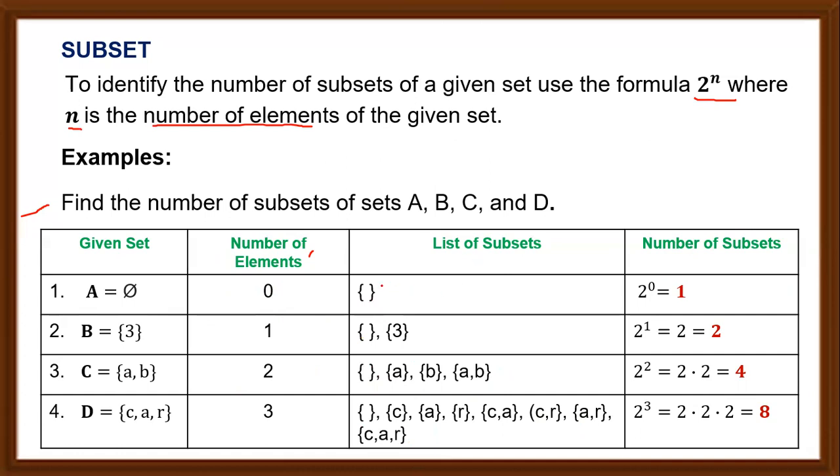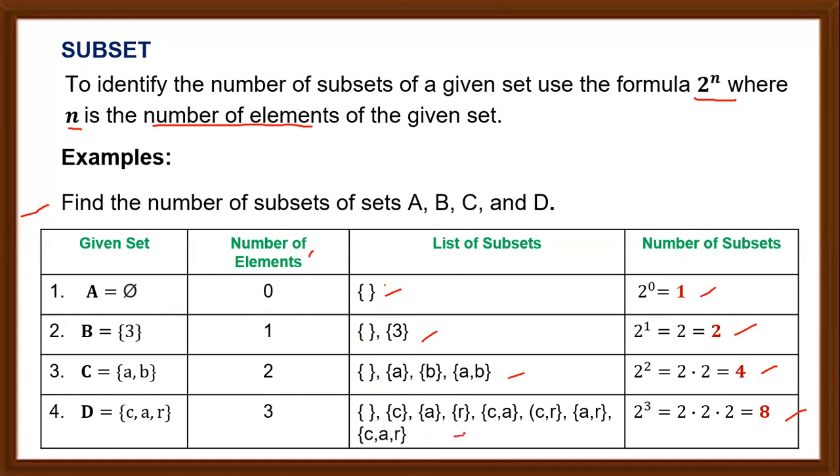Ibig sabihin kung ilan yung nakalista dito, kapag sinulat natin yung numerical number niya, or that is value, parehas. Since ito ay 1, kailangan isa lang din ang nakalista. Since ito ay 2, kailangan 2 yung nakalista. Di ba? Parehas lang. Ito ay 4 ang number, ibig sabihin 4 po yung nakalista natin. Ito ay 8, meaning to say 8 dapat ang nakalista dito. Check natin 1, 2, 3, 4, 5, 6, 7, 8.